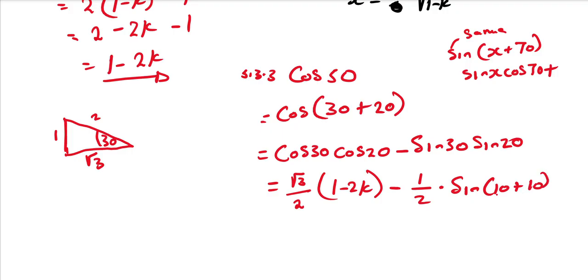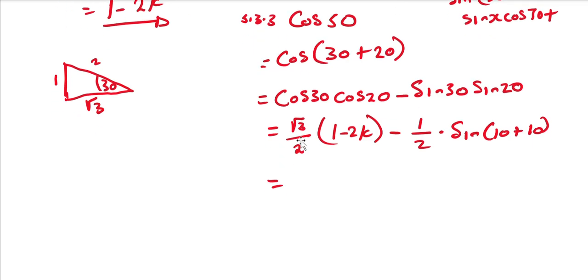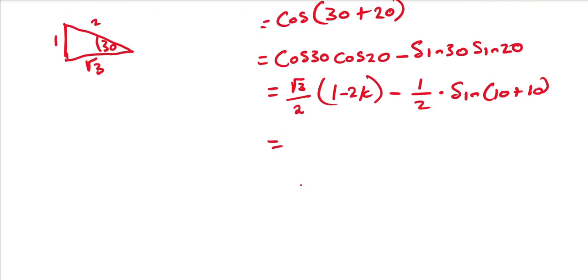This is 20. So let's do what? Let's expand it. And here we'll have what? Root of 3 all over 2. And then 1 minus what? 2k. And then we're gonna have minus 1 all over 2. Sine 10 plus 10, it is the same as what?